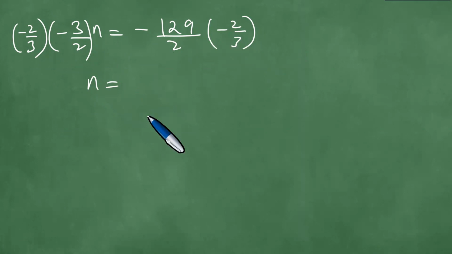Now we have 129 divided by 3. What is 129 divided by 3? Let's check. 43. What did you get? 43.